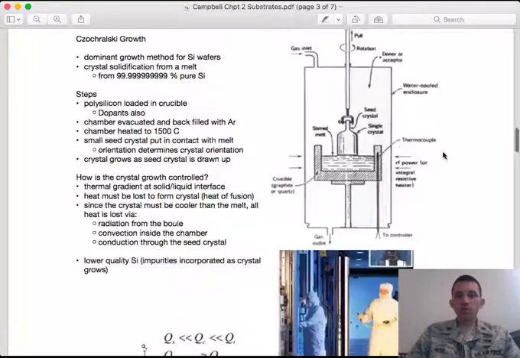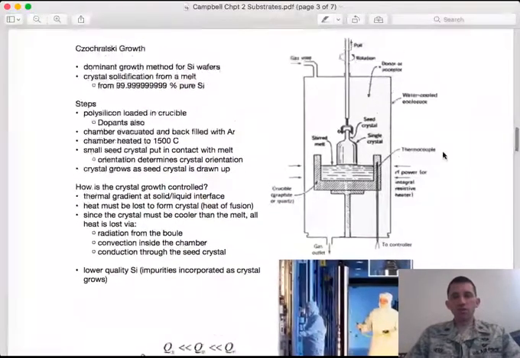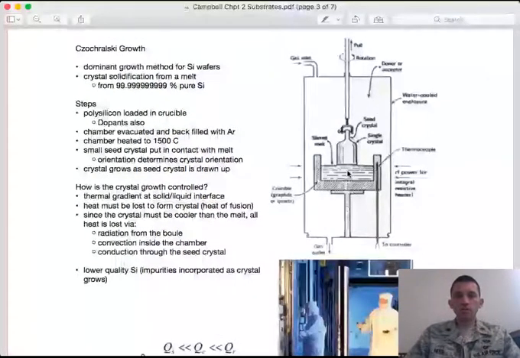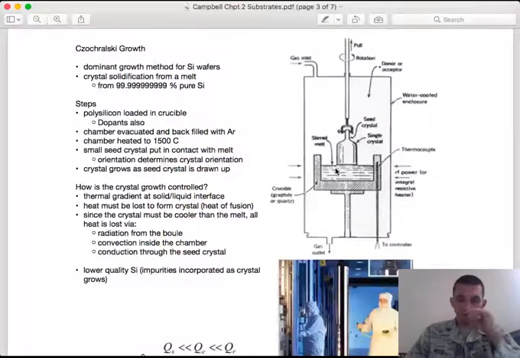And if we recall some of our earlier work with homogeneous versus heterogeneous nucleation, the surface energy is much reduced in heterogeneous nucleation, right? So it is relatively unfavorable under these conditions to nucleate a new grain in the melt.